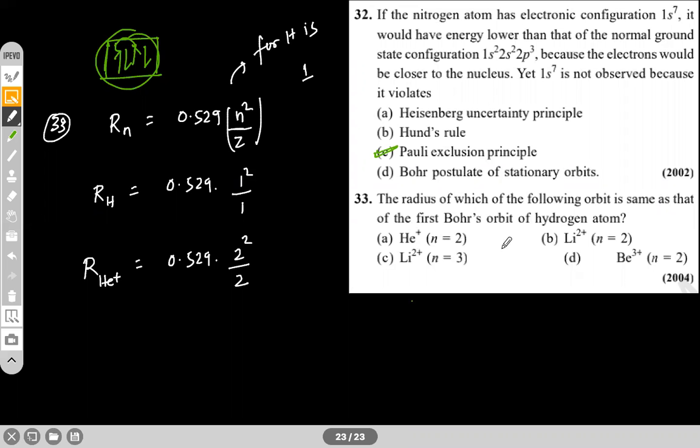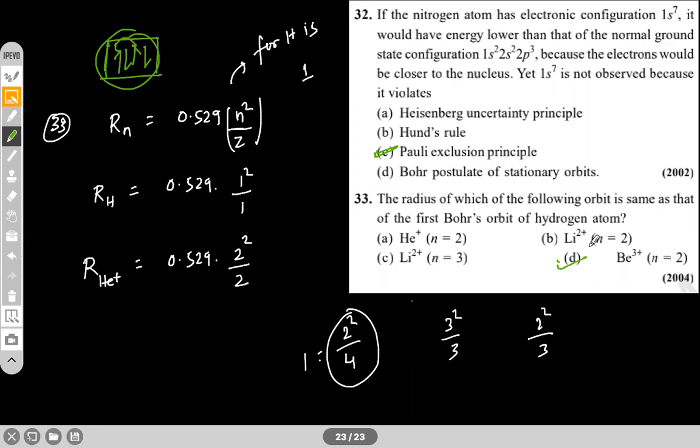So for which of these ions is it 1? Lithium, n square is 2 square by 3, not equal. Li2 plus, n is 3, so it is 3 square by 3, not possible. Beryllium 3 plus, so it is 2 square by 4, the atomic number of beryllium. Hence, this value is 1.